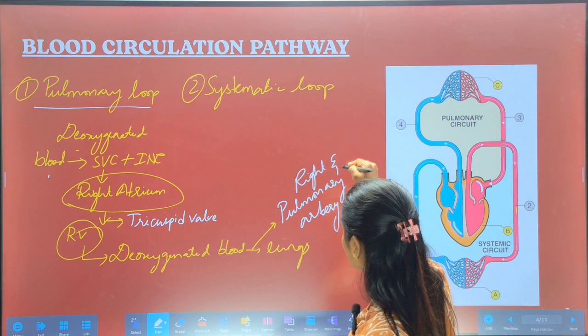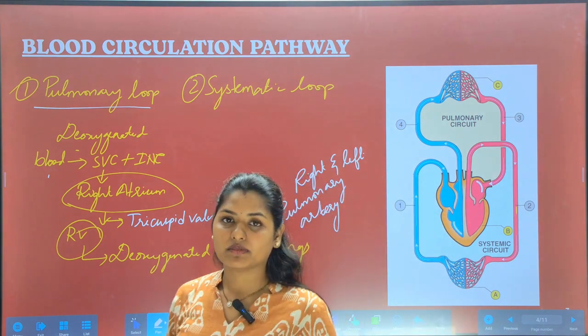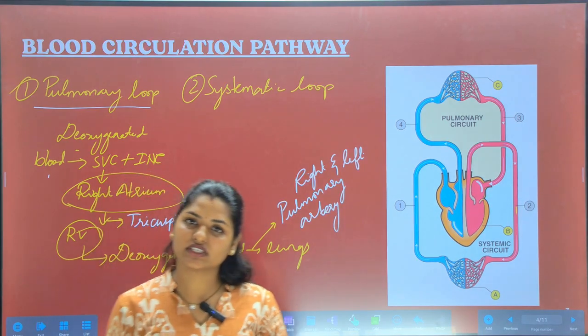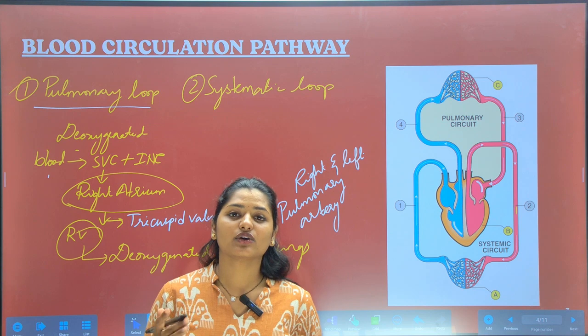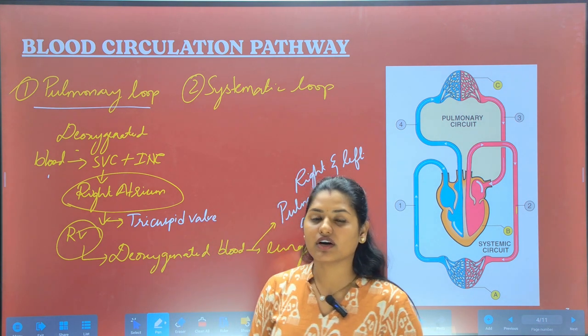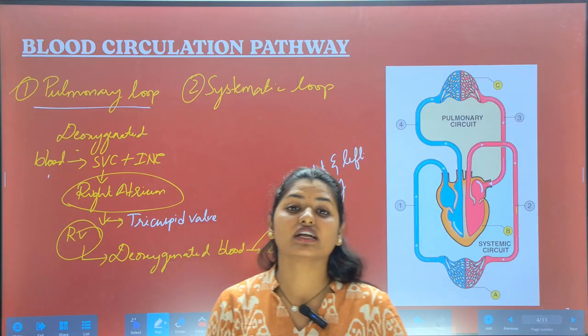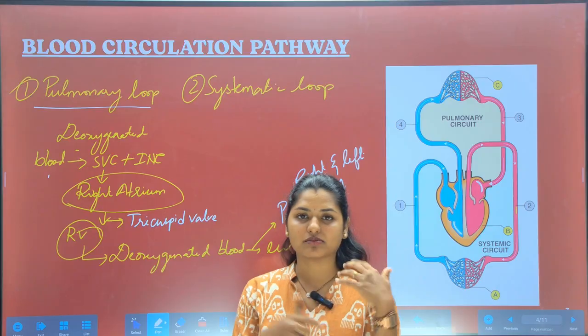So once again I'll repeat. In the pulmonary loop, what will happen? Deoxygenated blood from every part of the body is collected with the help of the superior vena cava and inferior vena cava. So what does the superior vena cava do? It collects blood from this part, the head, arms, everything.